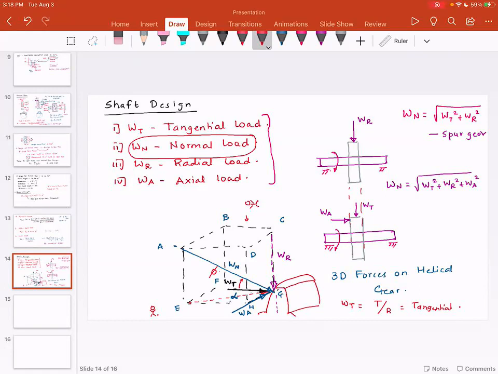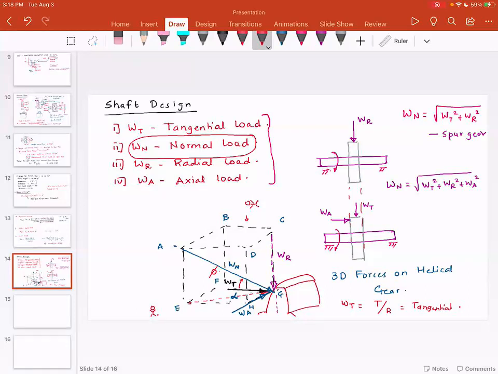But before I begin, I want you to visualize that it's the diagonal from A to G. The diagonal in this three-dimensional force system, the diagonal from A to G is actually the force that is causing that helical gear to rotate. And the reason for that is this is a three-dimensional case because you have a helix angle, alpha, and you have a pressure angle.